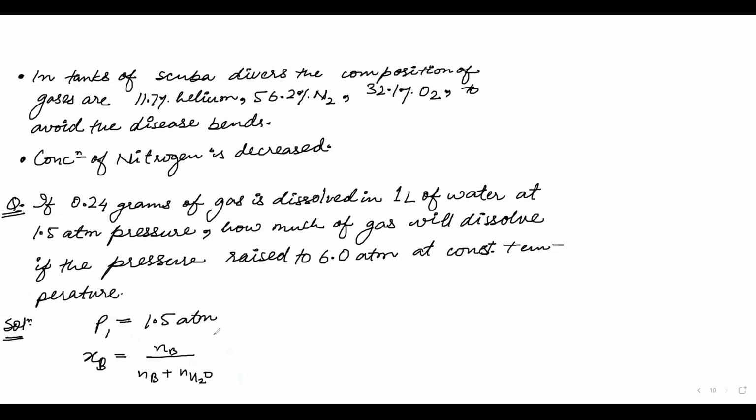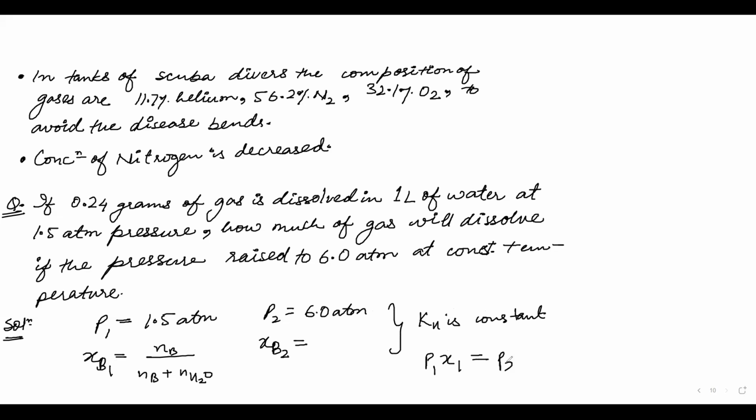Now this will be solubility 1. Now pressure 2 is equal to 6.0 atm, and this will be chi B2. In both the terms, KH is constant, so P1 chi 1 is equal to P2 chi 2, which is equal to Henry's constant.